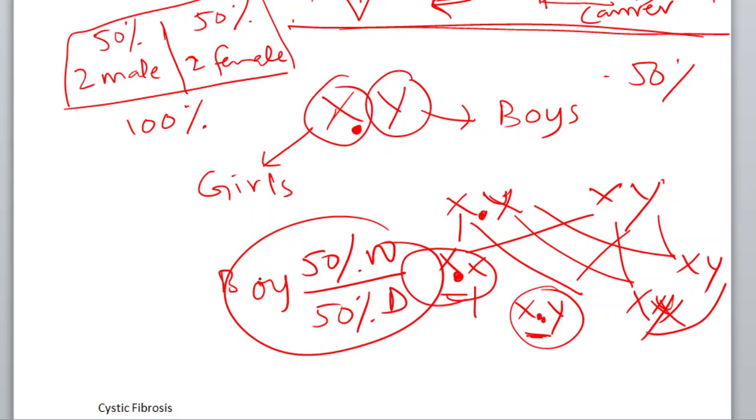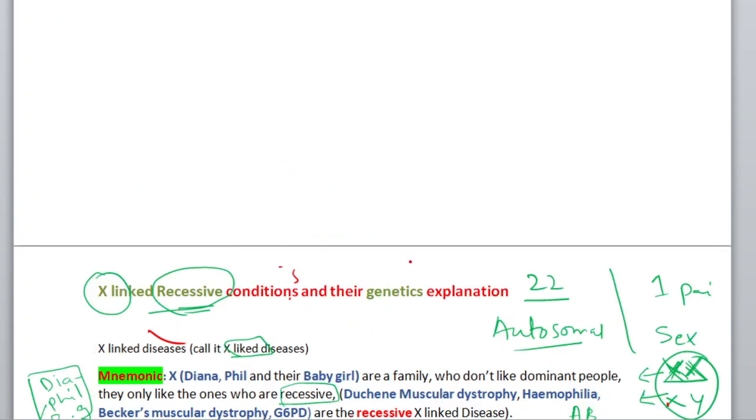If they only talk about the boys, say 50% defective and 50% normal. Here you see normal and here you see defective. And if they only talk about the girls, then you say 50% normal carrier and 50% normal. And if they talk about overall, then you can say 25% defective, 25% carrier, and 50% normal. I hope you got the point. Okay, that's it for now.